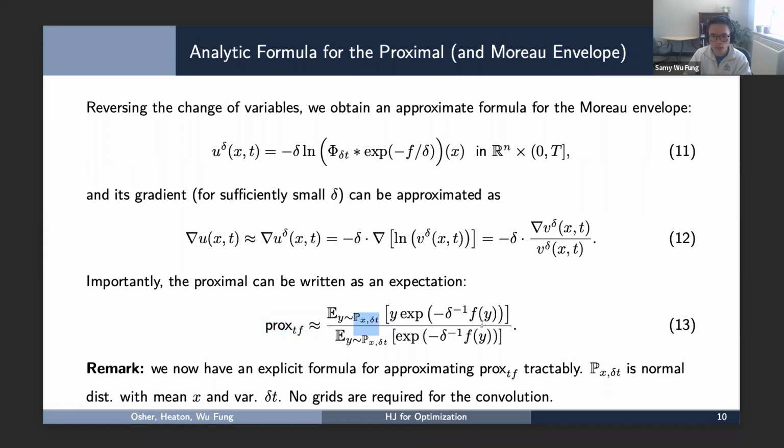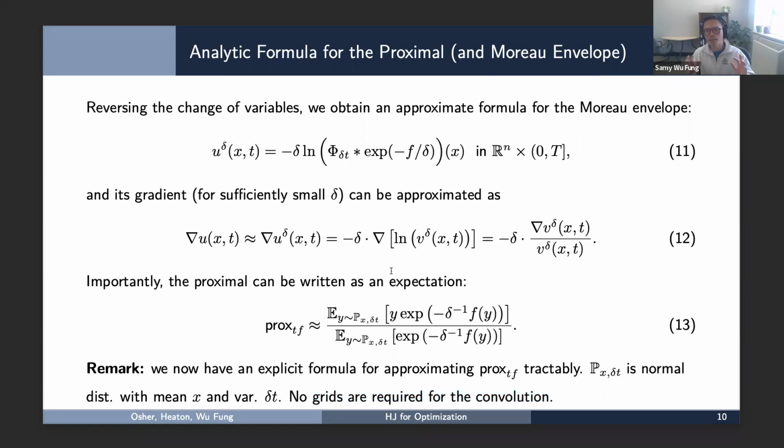That's pretty easy. And all I need to do is evaluate f a bunch of times, pretty much. And so what this tells us is that now I can approximate this prox, but we don't need to discretize. We don't need to use grids to evaluate this integral or to solve the Hamilton-Jacobi PDE, essentially. And this allows us to approximate these proximal operators in higher dimensions, ultimately.